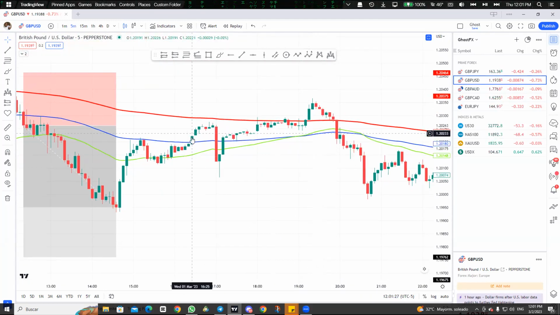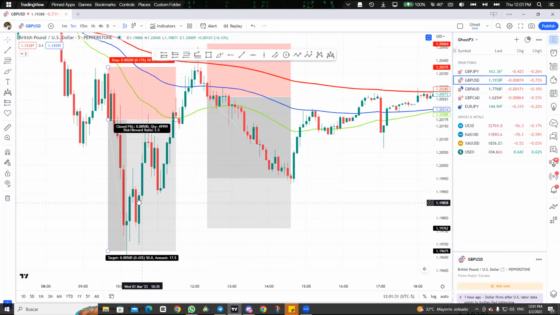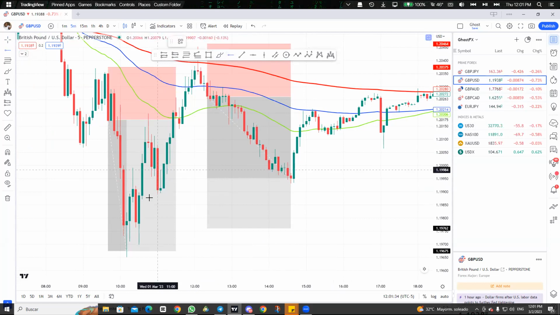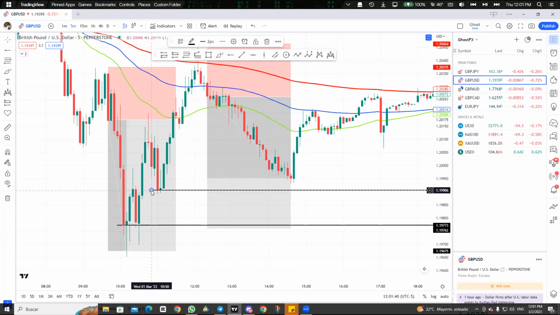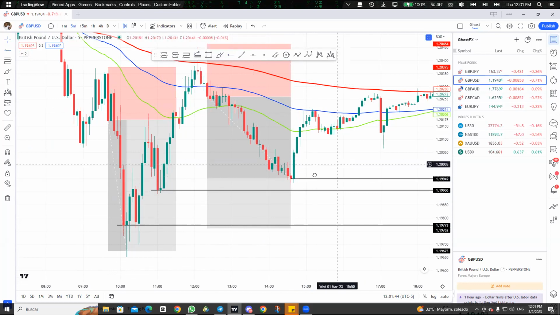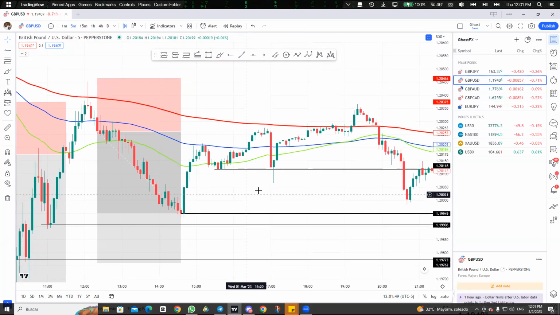You're going to wait for it, because if you look at it, it's going up. And if you want to know if it's going up or not, you can do this to know if you're about to take a sell or a buy. So you've got to look at the supports. If the support is getting higher and higher, it means that it's going up.